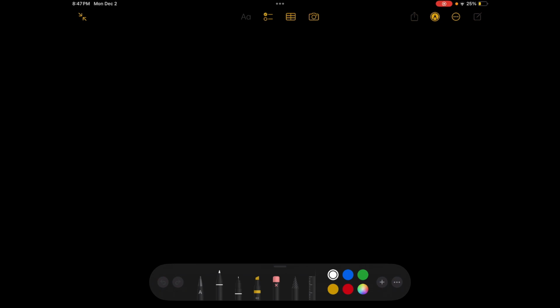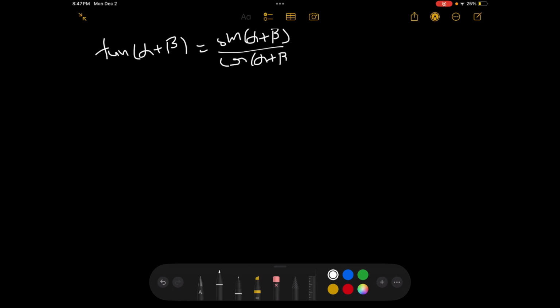It's time to tackle the tangent angle sum and angle subtraction formulas. Since tangent of any angle is just sine of that angle divided by cosine of that angle, we can write tangent of alpha plus beta as sine of alpha plus beta divided by the cosine of alpha plus beta.